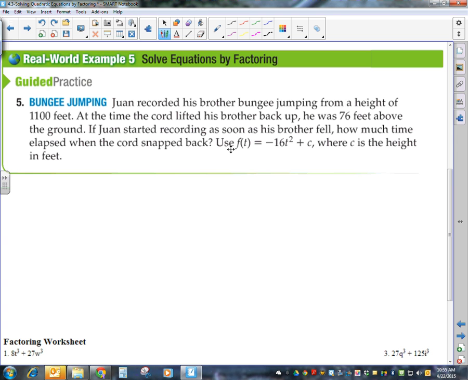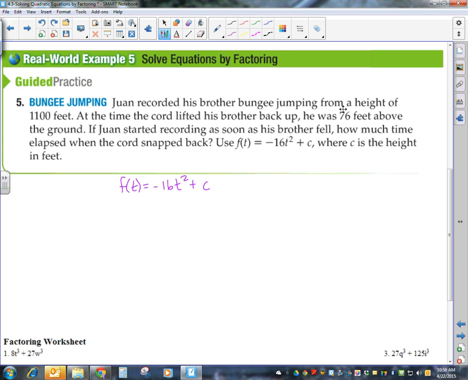So we're going to use this equation where c is the height in feet. And so I have this equation, f of t equals negative 16t squared plus c. So what I'm trying to find out is, I don't know what c is, but the cord lifted his brother back up.